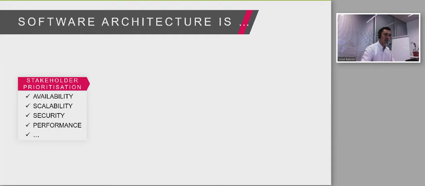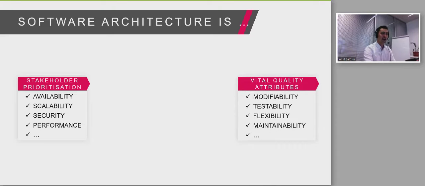And there might be another category of attributes, which we call vital quality attributes, which complement the first category and ensure its evolution in time. For example, in this category you may find attributes like testability, flexibility, maintainability.